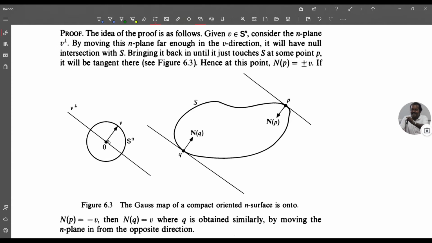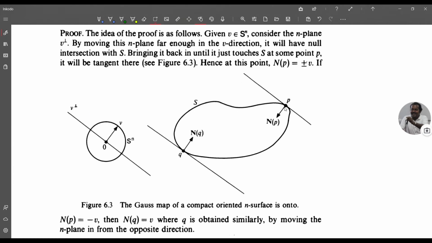By moving this n-plane far enough in the v direction, it will have a null intersection with S. Bringing back that n-plane until it just touches S at some point p, you move this plane as far as possible, then bring it back such that the plane will touch this surface S at some point p.